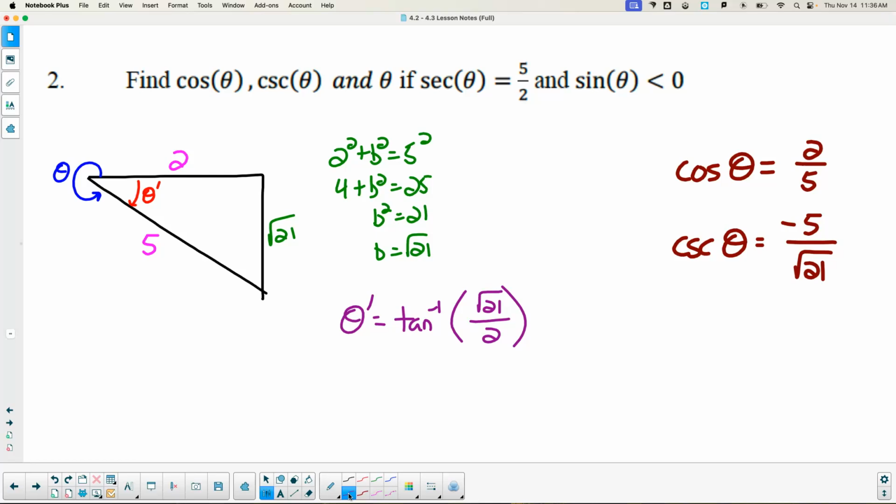Inverse tangent of the square root of 21, close bracket, divided by 2 gets me 66.42.